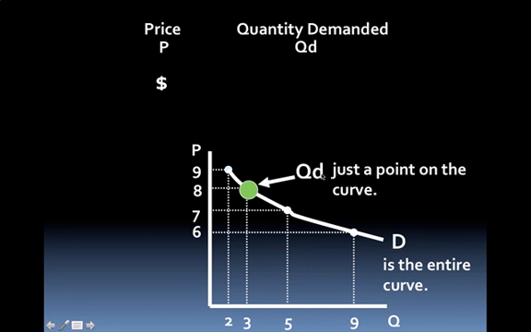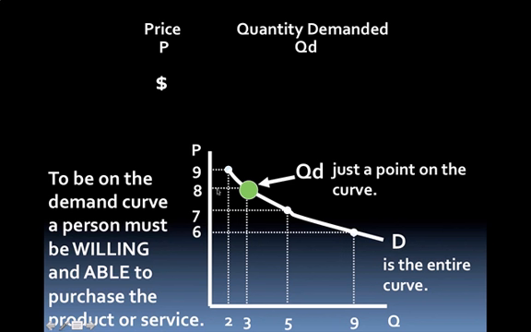That's incredibly important that you know that quantity demanded is just simply a point on the curve, and that demand is the entire curve or the entire line. It seems like such an easy concept, but trust me, you're going to get tripped up at this somewhere in the class, and you'll always remember back: quantity demanded, point; demand, the entire curve.